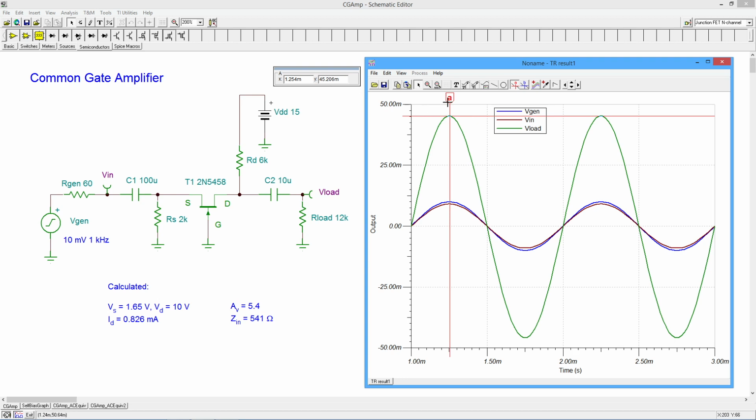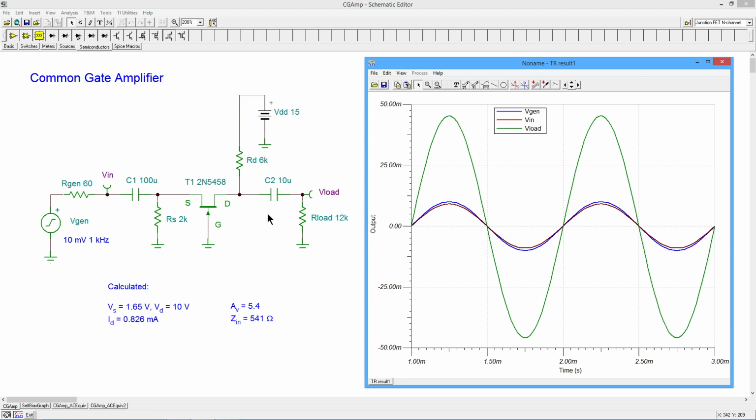We are a little shy of that, 45.2. Come down here, we're getting 45.8. So that's indicating there is a little bit of distortion in this amplifier, that asymmetry that we see. And we can check on that in just a second. But that's certainly in the ballpark. That's about what we would expect to see.